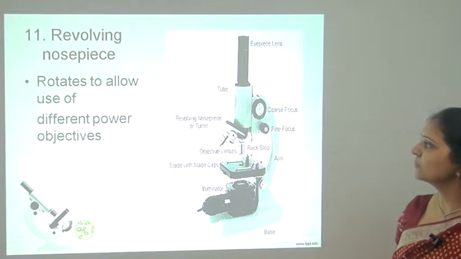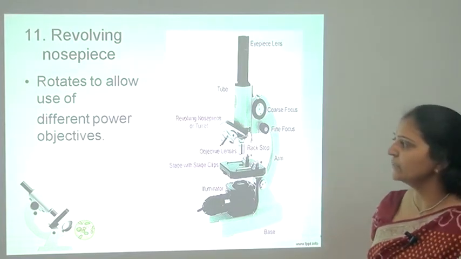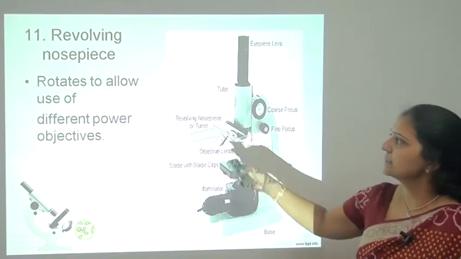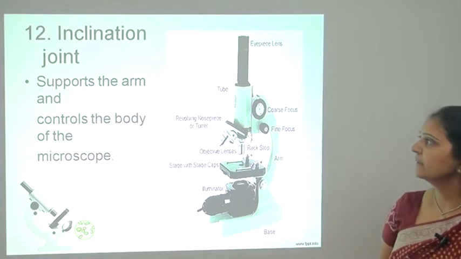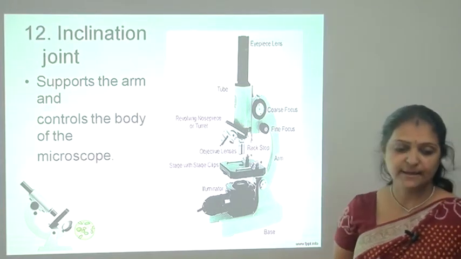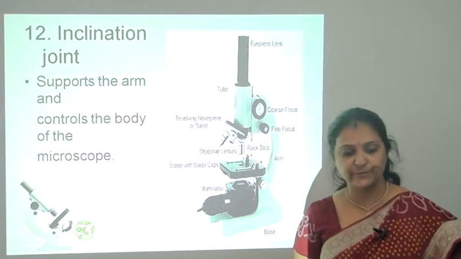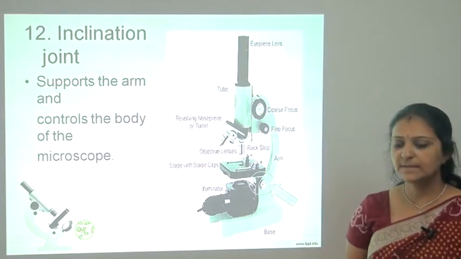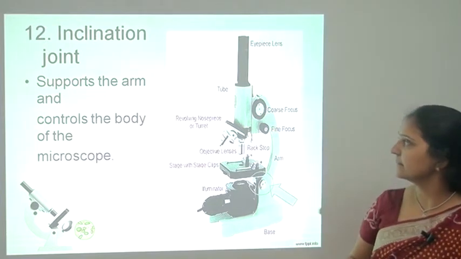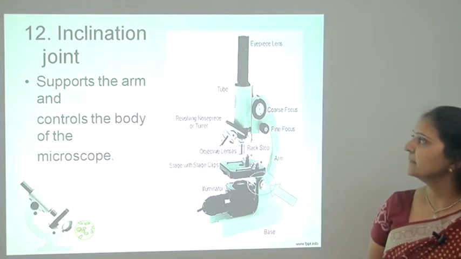Then the revolving nose piece. It rotates to allow use of the different power objectives. So this is the nose piece. Then the inclination joints. They support the arm and control the body of the microscope.